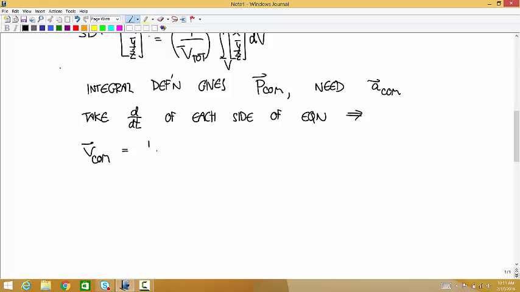Velocity of the center of mass is equal to 1 over the total mass times the integral over the total mass of the velocity vector of each center of mass, dm.